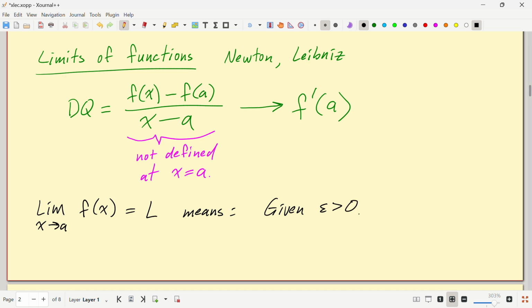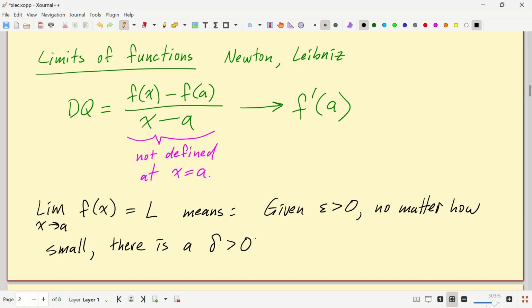So give me any old epsilon, no matter how small, there is a delta greater than 0. Of course, that delta might depend on epsilon. In fact, it probably does. So the book likes to write delta of epsilon, but it's traditional to get used to not writing that.